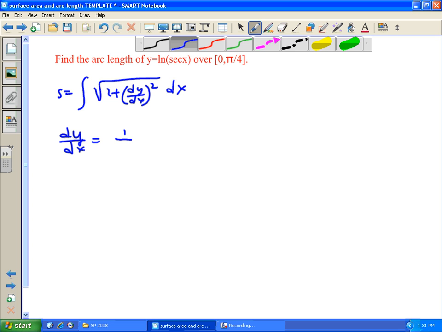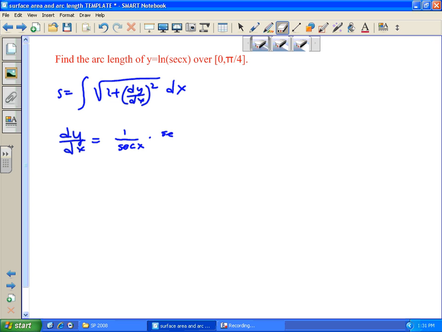So in this case, we're going to have 1 over secant x times the derivative of secant x, which is secant x times tangent x. We can't forget these important identities, because they'll keep coming back. The derivative of secant is secant times tangent.